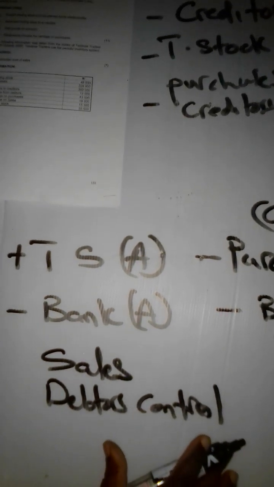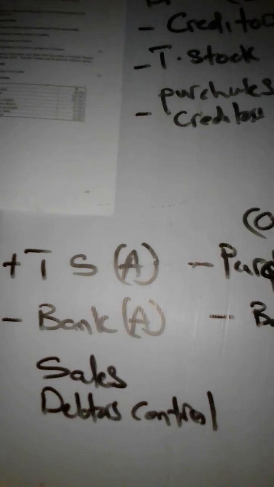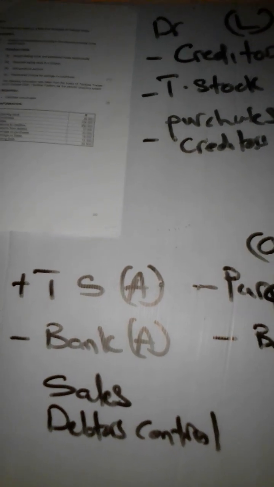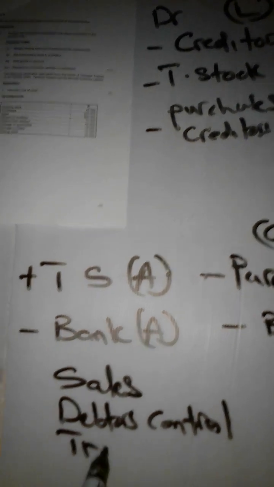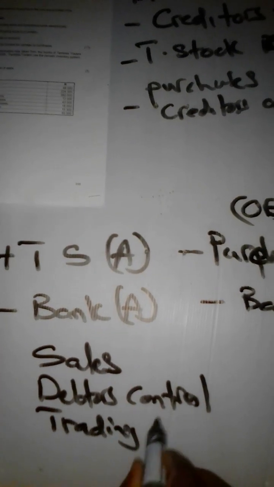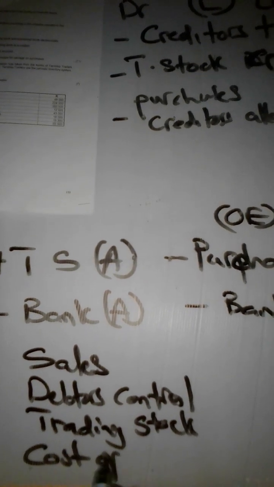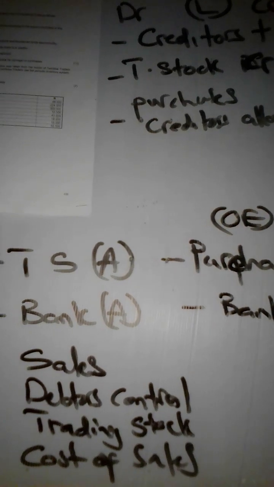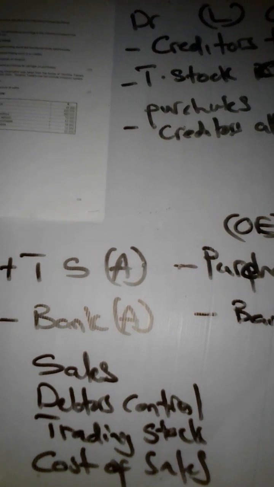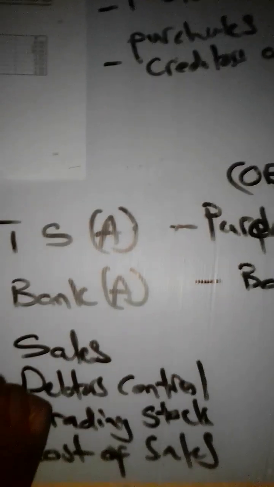Okay, what else do we have? Under the perpetual inventory system, we are also going to open a trading stock account because of these transactions, and a cost of sales account. Of course we know that sales are part of the owner's equity.